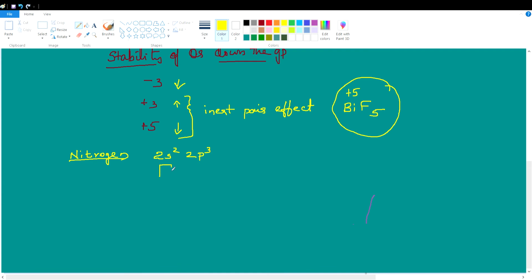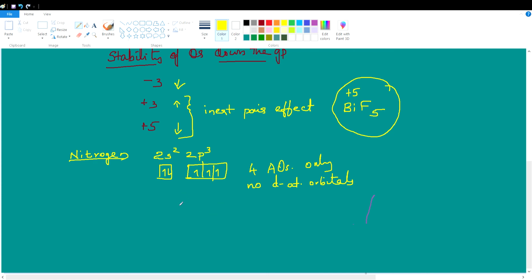It contains 1 s atomic orbital and 3 p atomic orbitals, the s orbital with 2 electrons, the p orbitals with 3 electrons. It contains only 4 atomic orbitals. No d atomic orbitals are present in nitrogen.